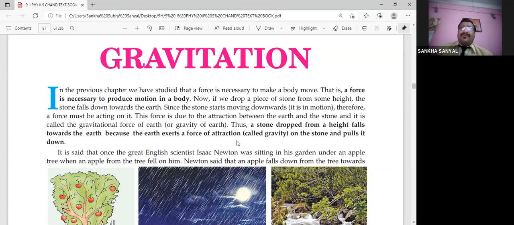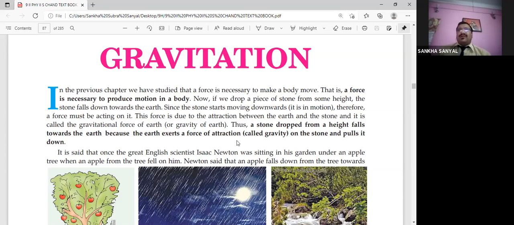So a force is always necessary to produce a motion in a body. Without a force being applied externally, a body cannot be brought into motion. In fact, if you remember, this is what we have talked about in the first law of motion also, where they talk about the external unbalanced force to move out of the state of inertia.